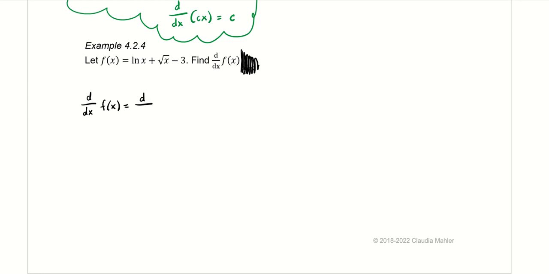So this is going to be the derivative with respect to x of this whole big thing, the natural log of x plus the square root of x minus 3. And actually, let me do this now because it'll make our lives easier. Square root of x. What is that as an x raised to something? Well, square root of x, remember, is the same thing as x to the 1/2, because we talked about this up above.